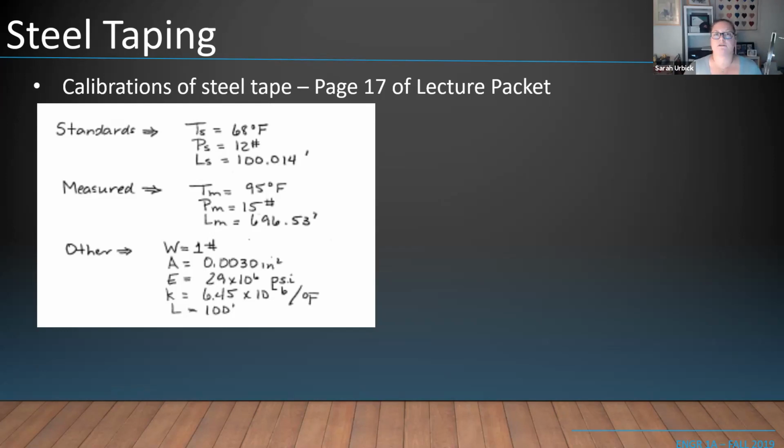We've measured it out, we've tested it, and we know it's 100.014 feet at 68 degrees, 12 pounds of pull, okay? If we pull a little bit harder, or we have a warm day, and we are measuring this almost 7 times over, leapfrogging it, zigzagging back and forth, there are other factors we're going into, right?